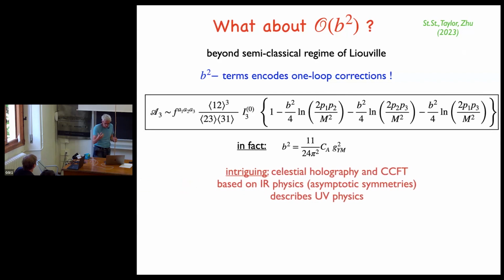So we took the Liouville correlators and expanded this complicated object of Dorn-Otto to second order in this background b, and then took this object as our building block for describing this gluon amplitude.